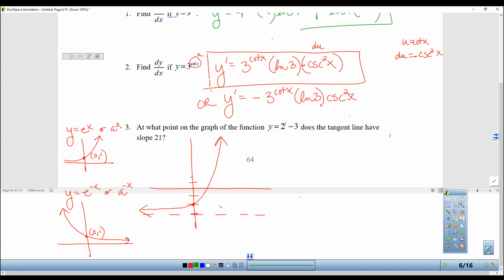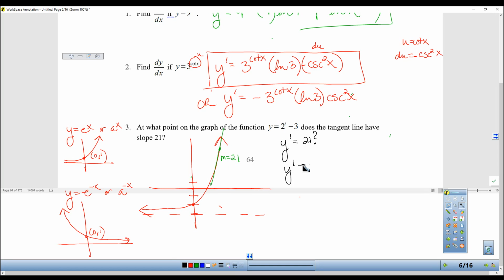At what point does the tangent line have a slope of 21? 21 is pretty steep. So slope is 21. So the question really is, when is y prime equal to 21? That's the question.